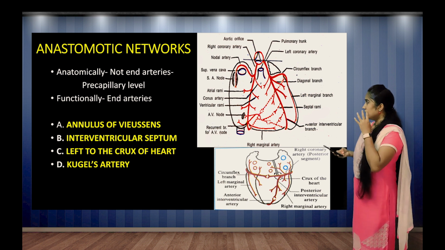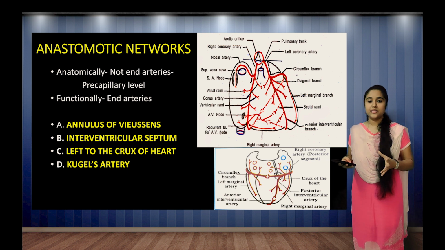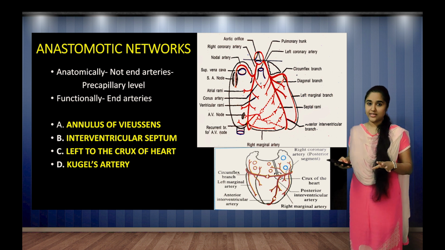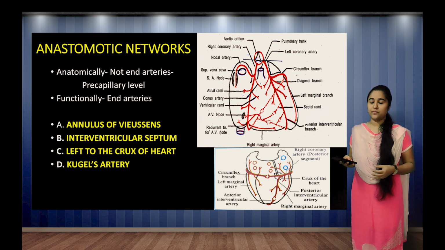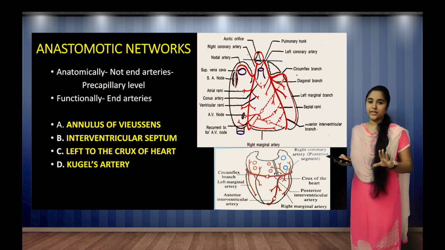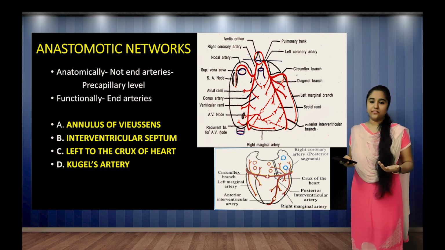Now, we will see about some of the anastomotic networks. Anatomically, the coronary arteries are not end arteries because anastomosis can occur at precapillary level, but functionally they are said to be end arteries. Now, some of the important anastomotic networks are, you know about the infundibulum of the right ventricle.